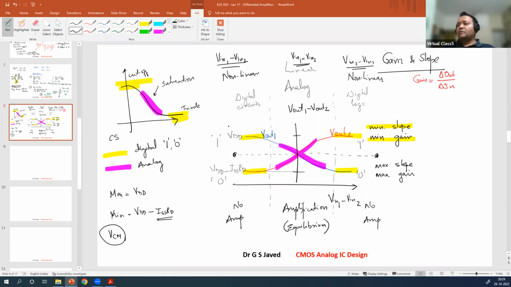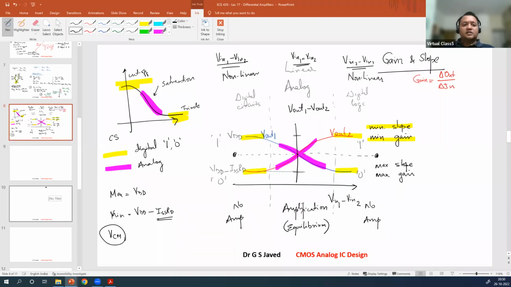So if you want to operate a differential pair in the amplification region, keep their values as close to each other as possible. So Vin plus minus Vin2, if you keep them close, you will see a very high gain. If the difference between the two is very large, then you will see the circuit entering the non-linear region.